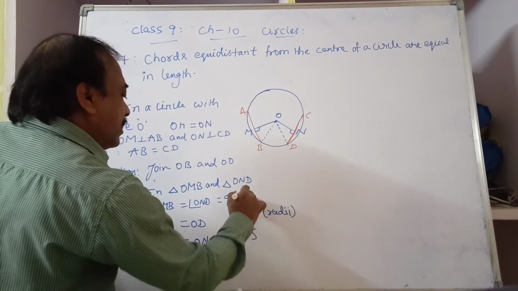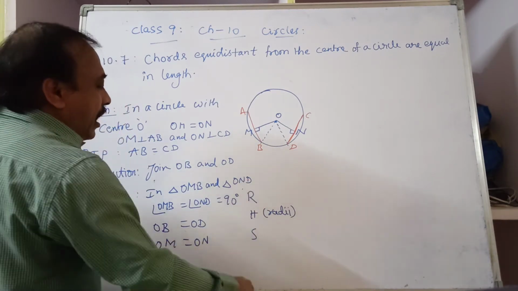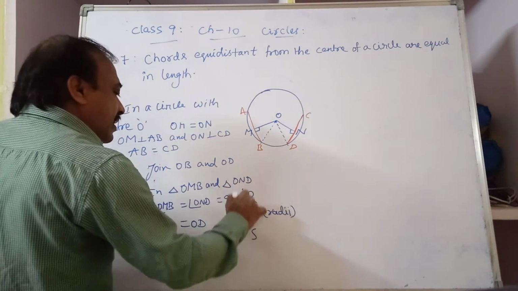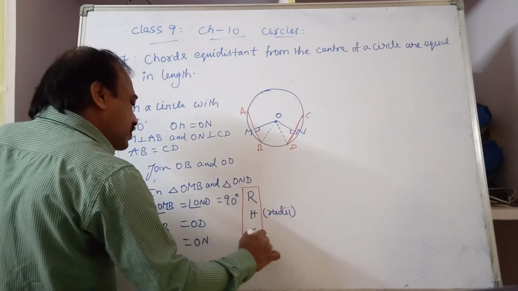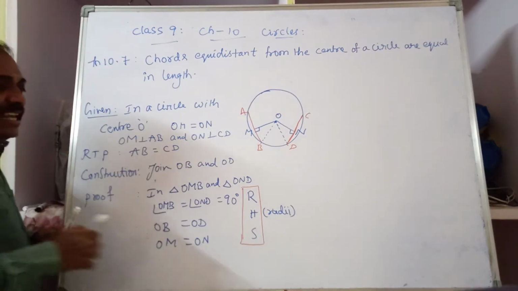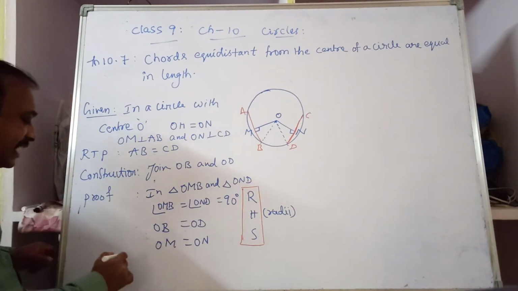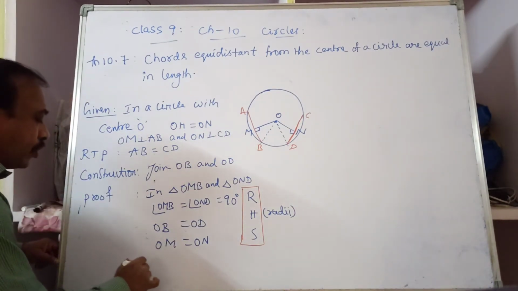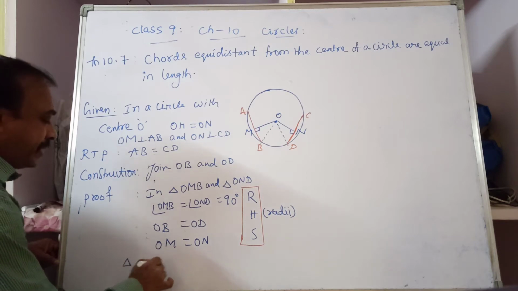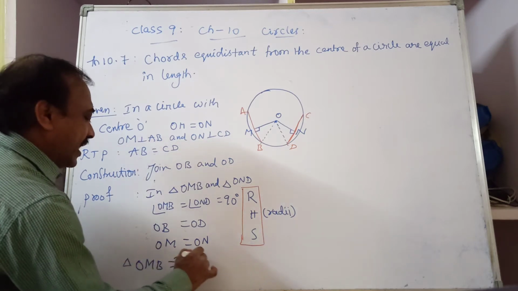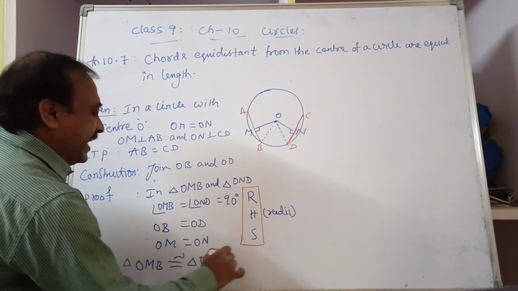This is the side. By the RHS criteria, right angle, hypotenuse and side, triangle OMB is congruent to triangle OND.